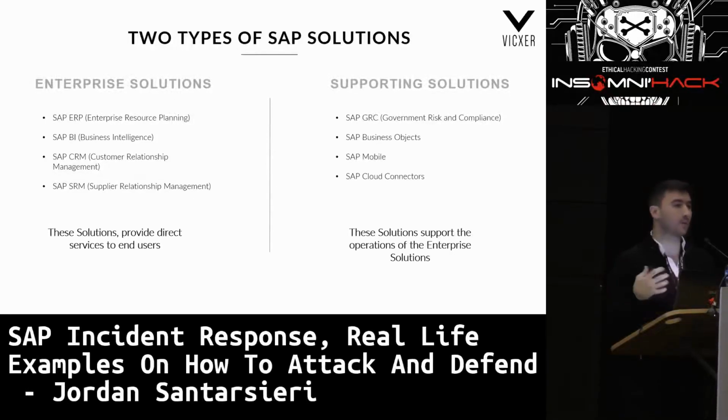SAP BI or Business Warehouse for business intelligence, maybe you have heard about it. SAP CRM. Every time a customer picks up the phone or consults a web page, that interaction between the customer and the company gets registered on the CRM. Very valuable information. And then the SRM, the Supplier Relationship Management.